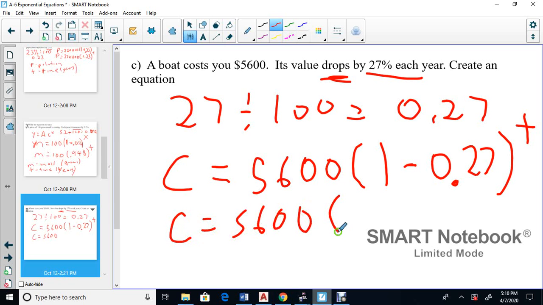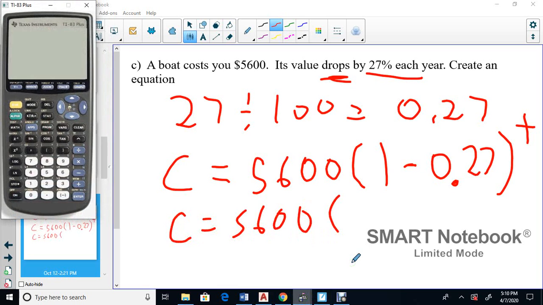Okay, so then our equation is C equals 5600. Now I can't do that one in my head, so I'm going to grab my calculator here and figure out what 1 minus 0.27 is. So 1 subtract 0.27. Oh, let's clear all this. 1 minus 0.27. 0.73.